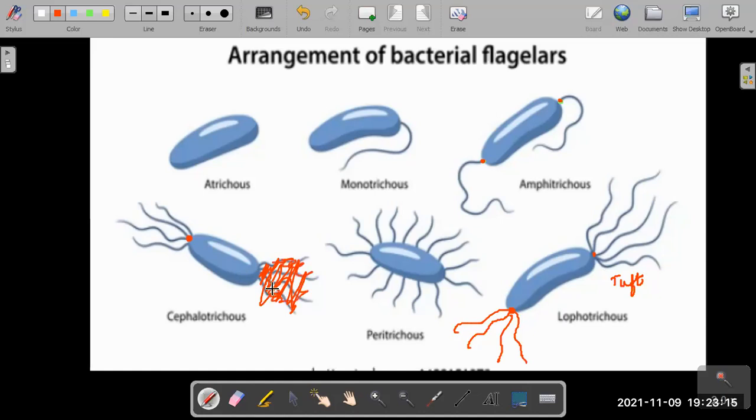So cephalo is when you have a tuft present only at one end. Lopho is when you have tufts at both ends. All right. Peri is when you have flagella all over the surface.